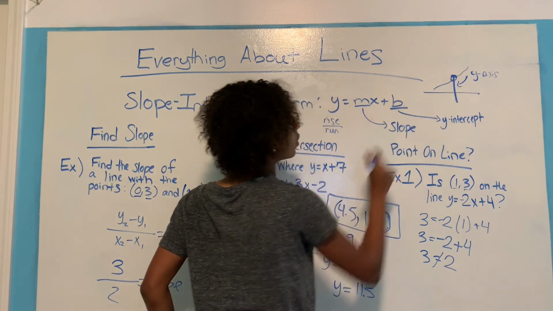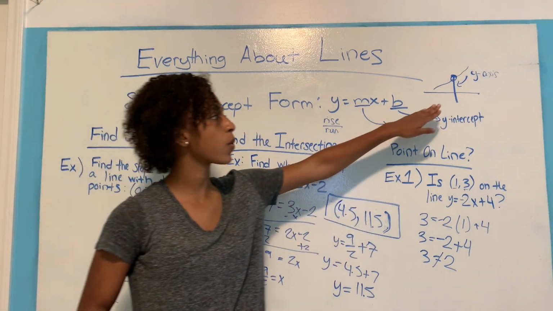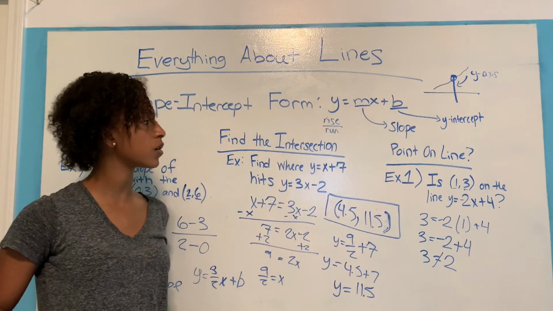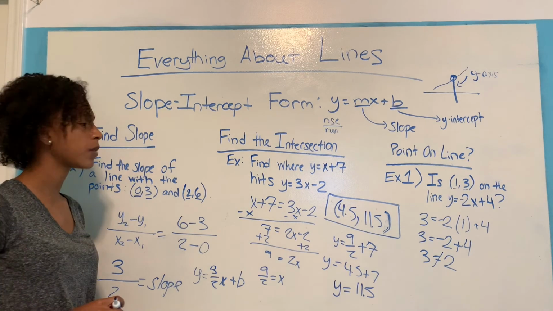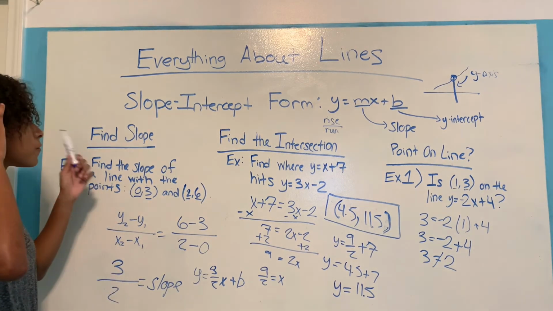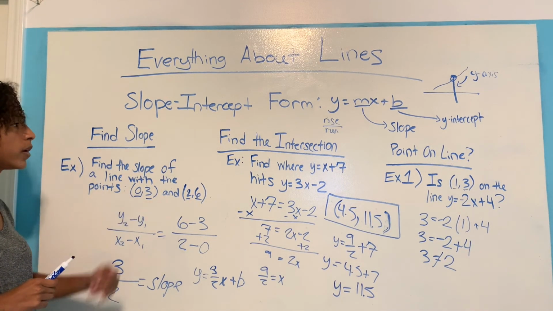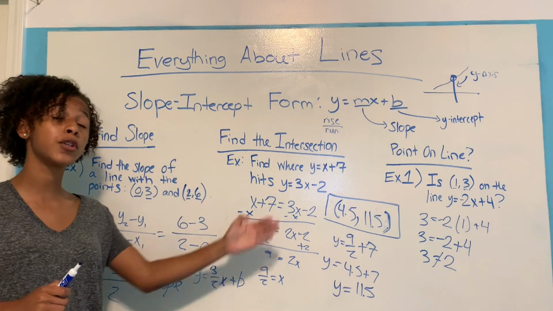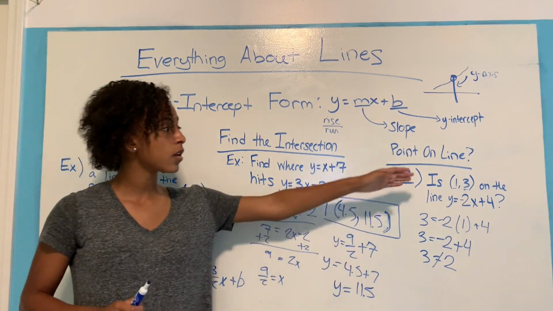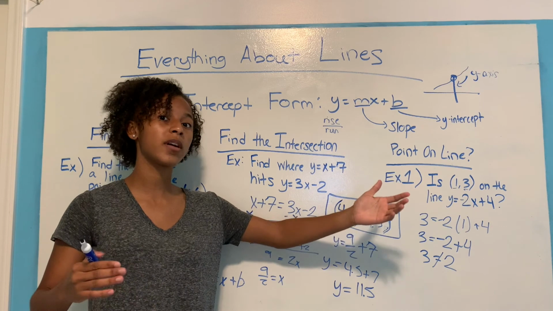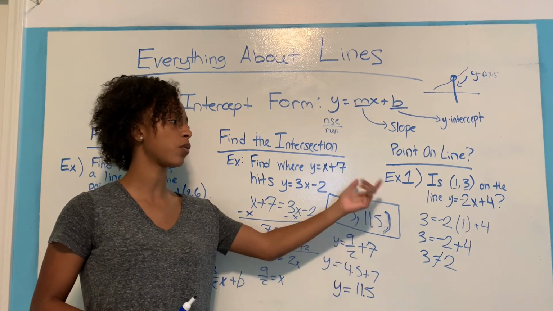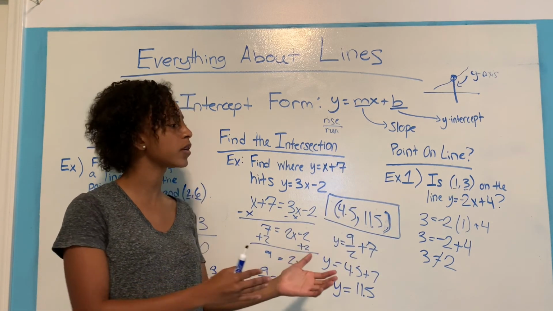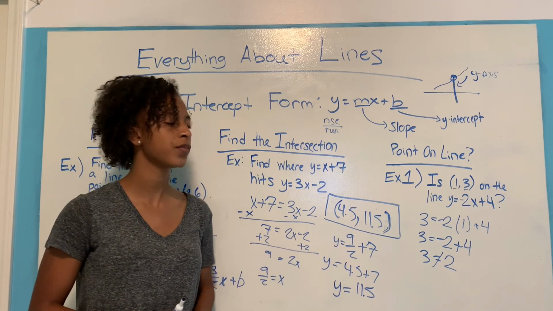This would be your y-intercept because it's where it hits the y-axis. And the three types of problems that you'll see are: finding the slope given two points, finding the intersection given two lines, and distinguishing whether a point is actually on a line, where they give you the point and the line and you see if that point would be on the line.